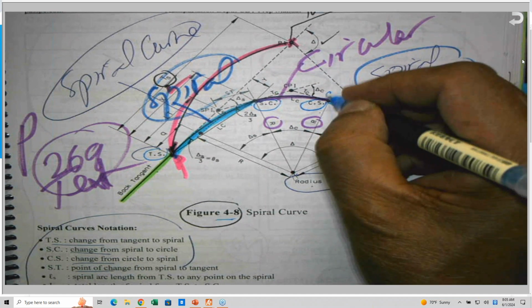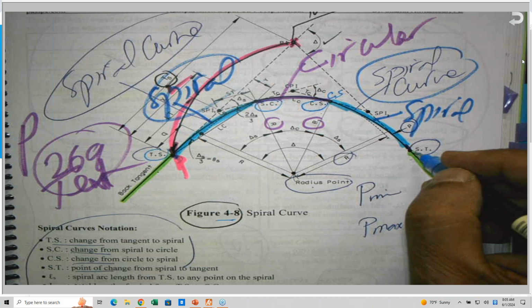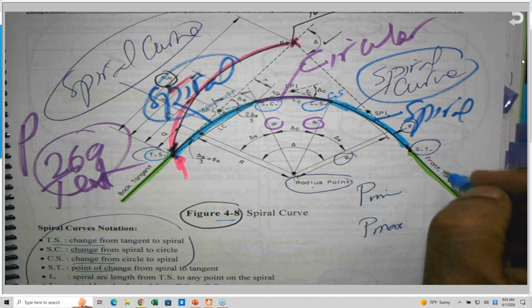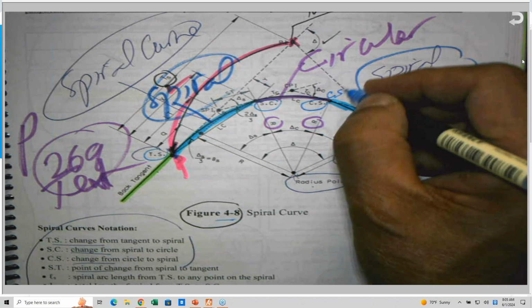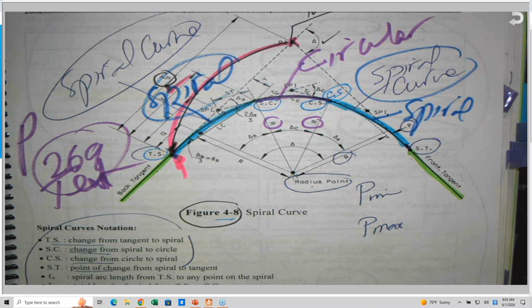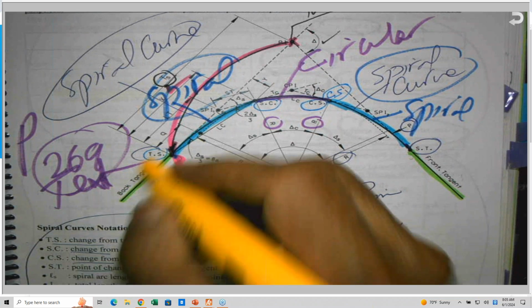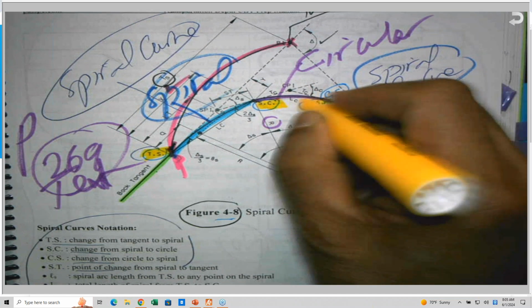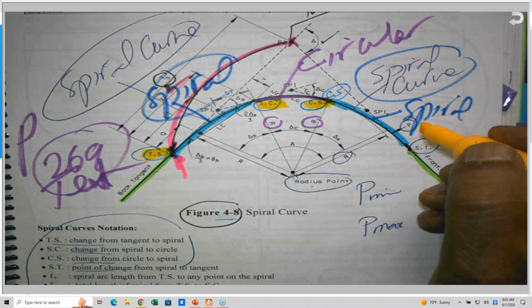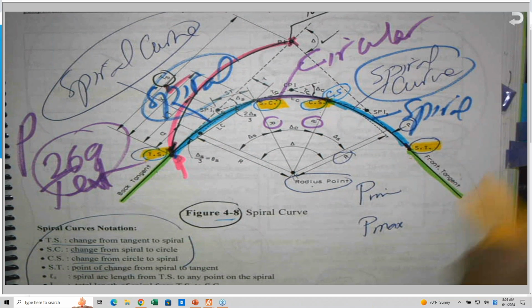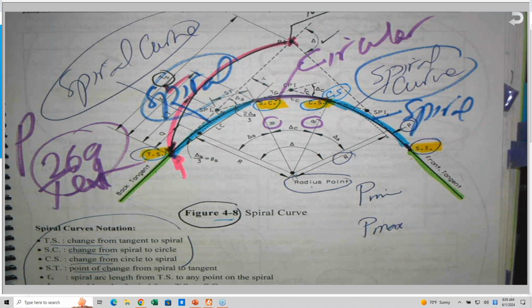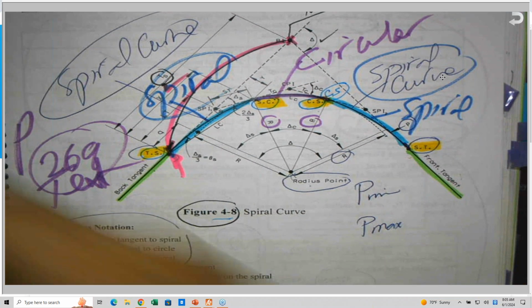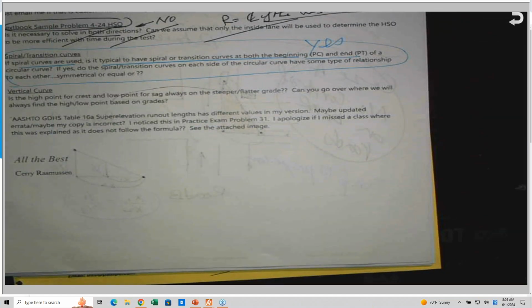And finally, the ST, which is spiral to tangent. Those are the four abbreviations you need to be familiar with, so remember them as much as you can: tangent to spiral, spiral to curve, curve to spiral, and spiral to tangent. So yes, we provide a transition curve at the beginning and the end of each curve.